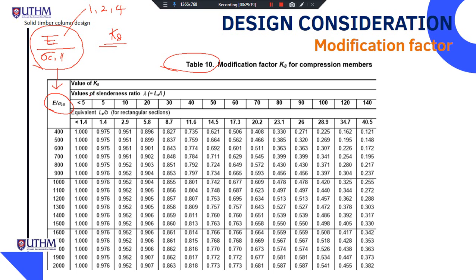Next, in this big column, there is the second row. In the second row, we can see the slenderness ratio.